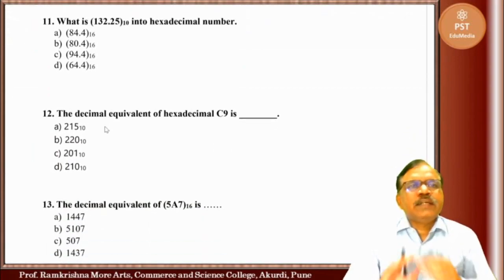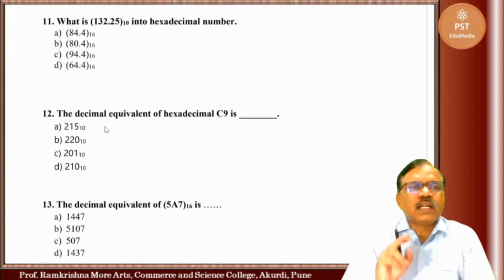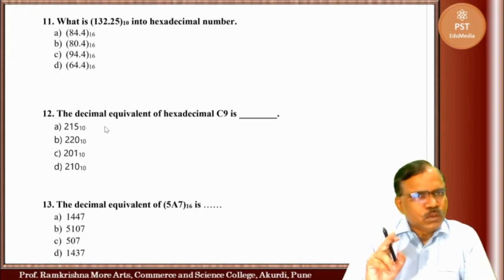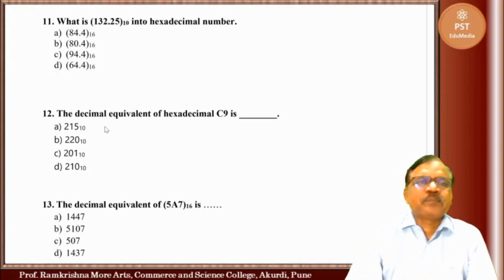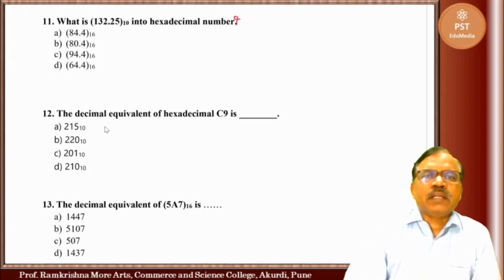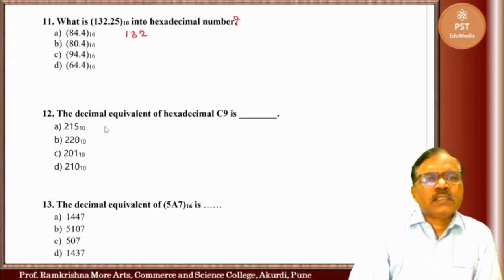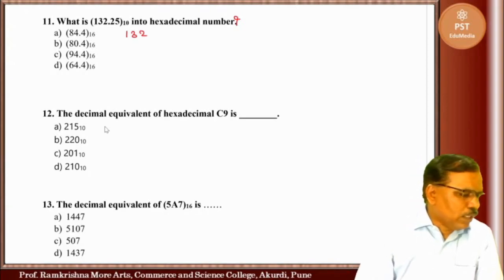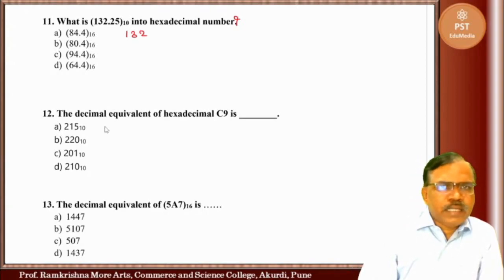Now what is 132.25 decimal in hexadecimal? Again we will take two parts. First 132: we divide by 16.